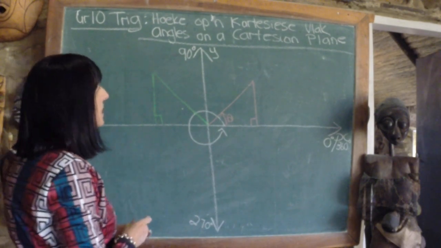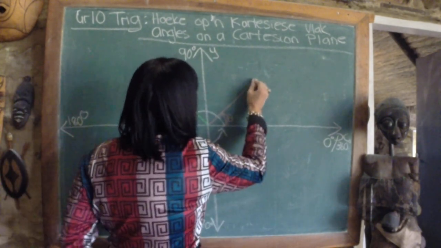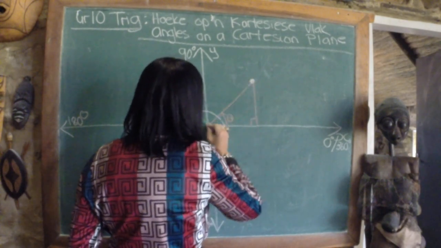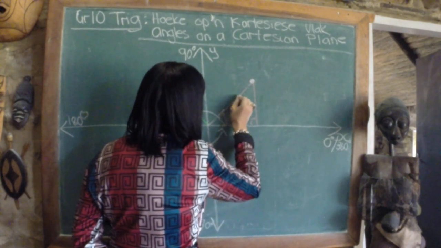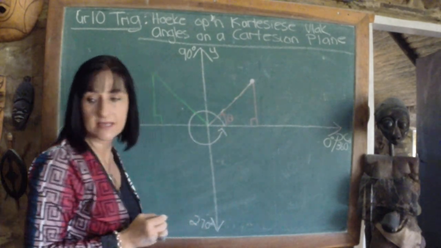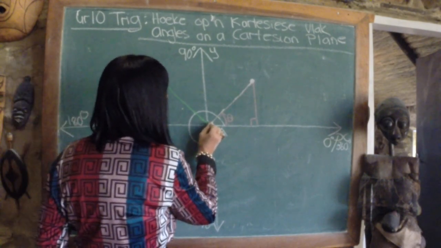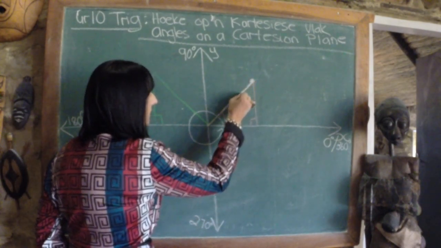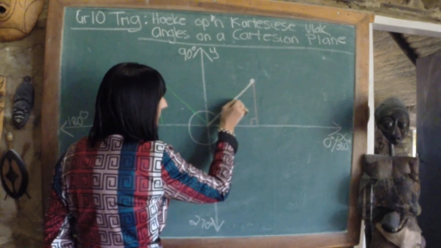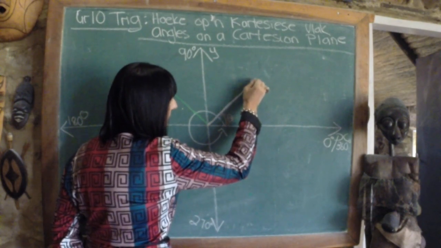Okay, this arm that's been drawn in over here is a radius. It's a radius, and we also name this arm as the terminal arm. Die terminale arm. Terminal arm.